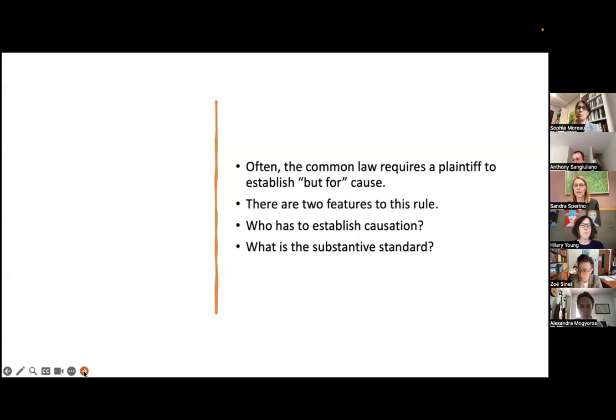And then there's a second separate question about what the substantive standard is. And so one of the things that I'm really worried about with the causation canon is that it assumes that these two things are connected. And so it always forces the plaintiff to carry the full causal burden. And then it also requires that substantive standard to be but-for cause.